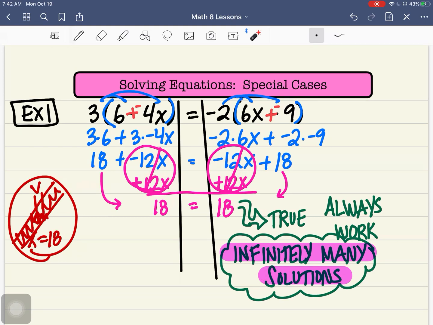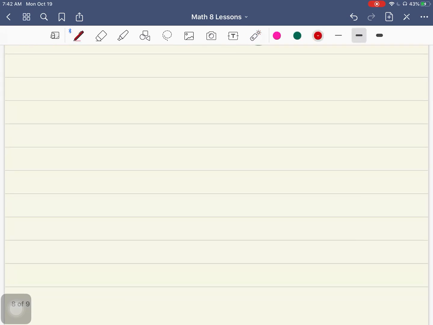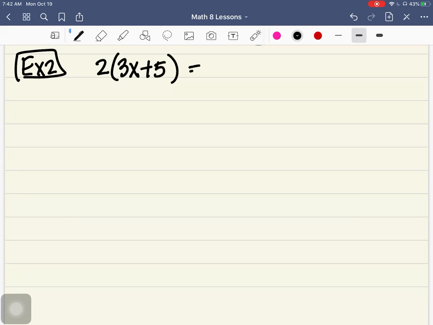The x's all go away and we get a true numerical statement. Okay, well, what else can happen will come in the form of this next problem. So this one is 2 times 3x plus 5 equals 5 times 2x minus 4, and then there's still a minus 4x out here. So I'm going to take care of my minus signs like that.